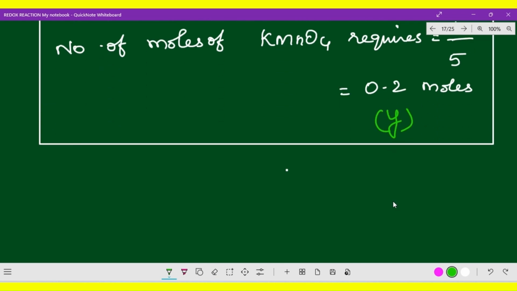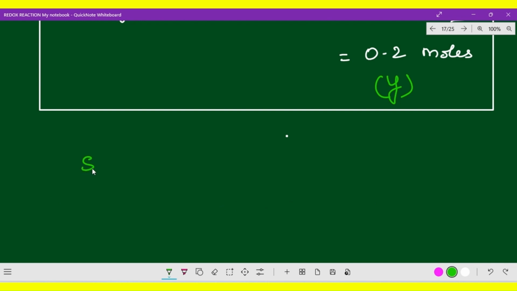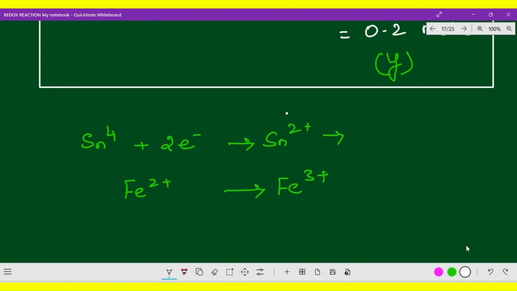Now here, stannous to stannic: Sn4 plus is converted to Sn2 plus. How many electrons? Here 2 electrons. The same, Fe2 plus is converted to Fe3 plus, so the N factor here is 1.